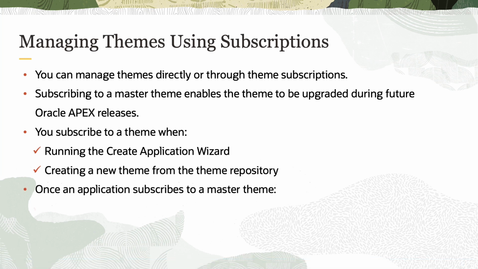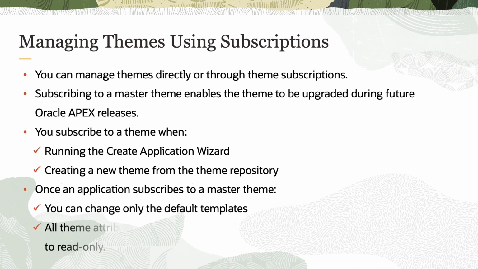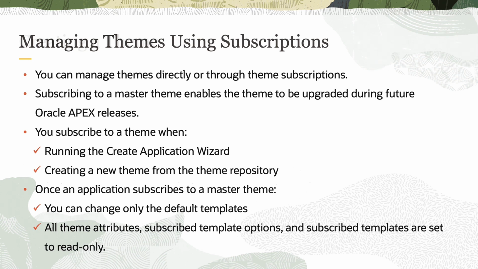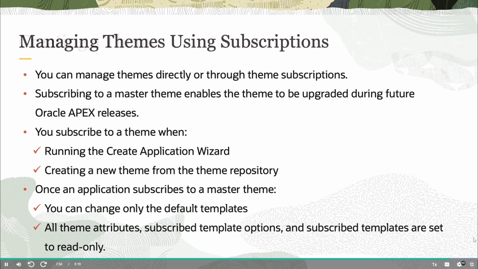When a theme is subscribed to a master theme, you can only change the default templates. All other theme attributes, subscribed template options, and subscribed templates are all set to read only. However, the local templates, which are not subscribed to any template in the master theme, are still editable.